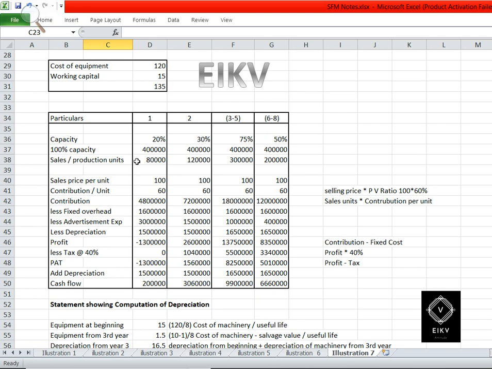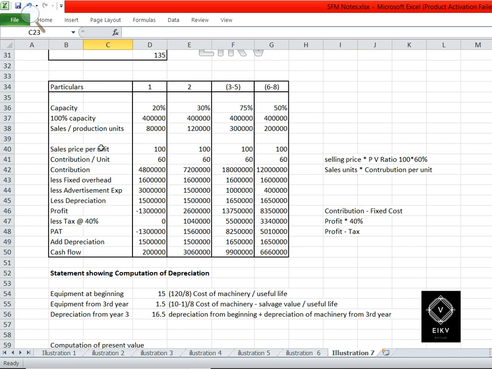So we will get 80,000, 1 lakh 20,000, 3 lakh, and 2 lakh. Then the sales price of the unit is 100 rupees. After that, we can compute the contribution per unit by multiplying sale price by PV ratio. 100 is the sales price and the PV ratio given in the question is 60%.